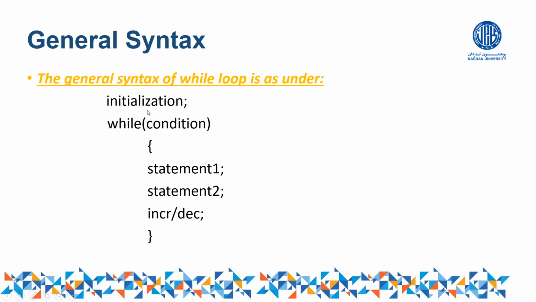Let me repeat this once again. First of all, you need to initialize the counter variable, then you need to use the while keyword, and after that you need to use a condition. After the condition, you need to use the body. Inside the body of the loop, you need to use whatever statements are there, and obviously there should be an increment or decrement part as well.